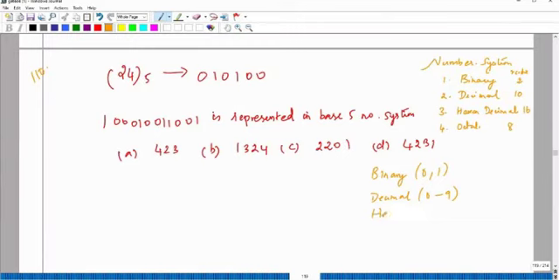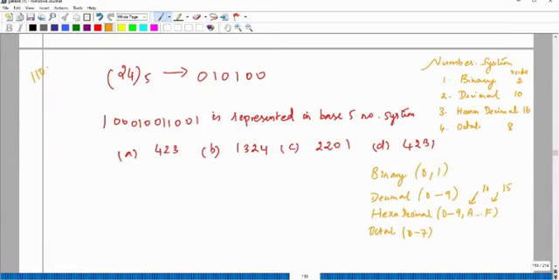Hexadecimal ranges from 0 to 9 followed by A to F. Here A represents 10 and F represents 15. Next octal: it ranges from 0 to 7.